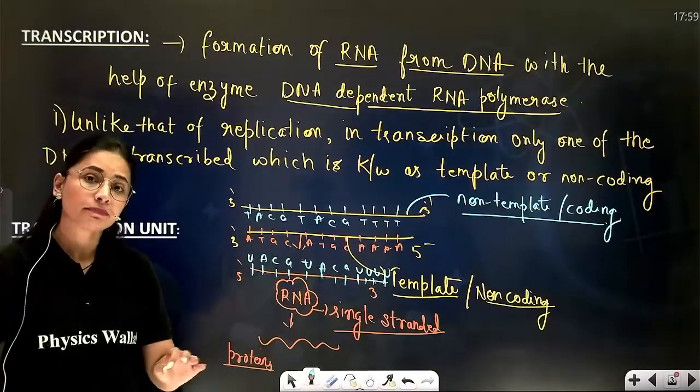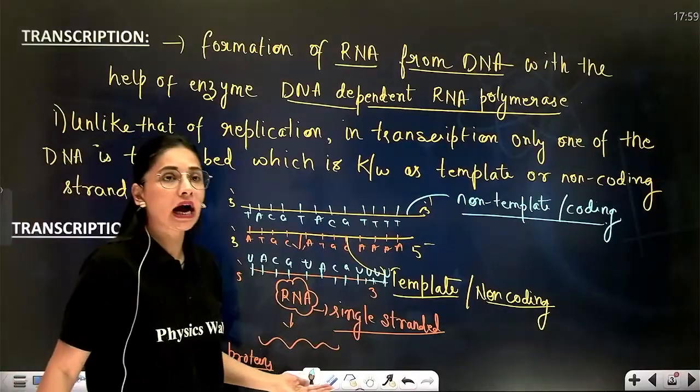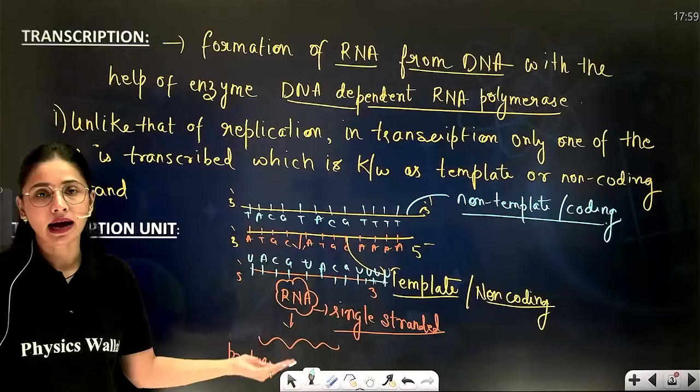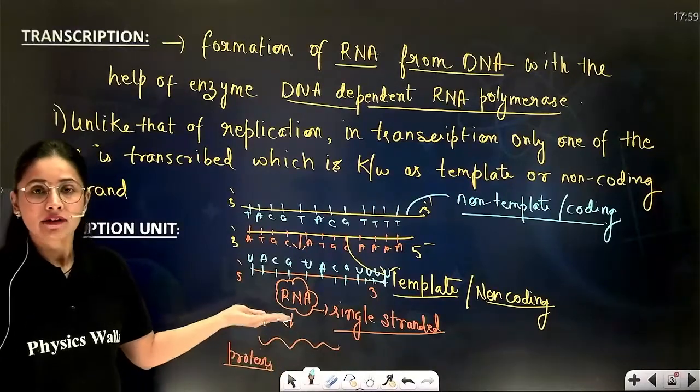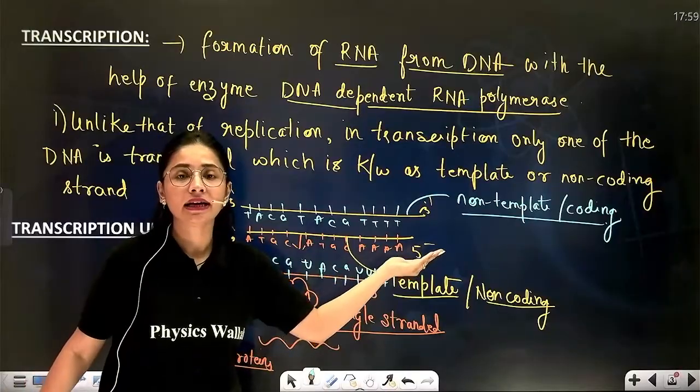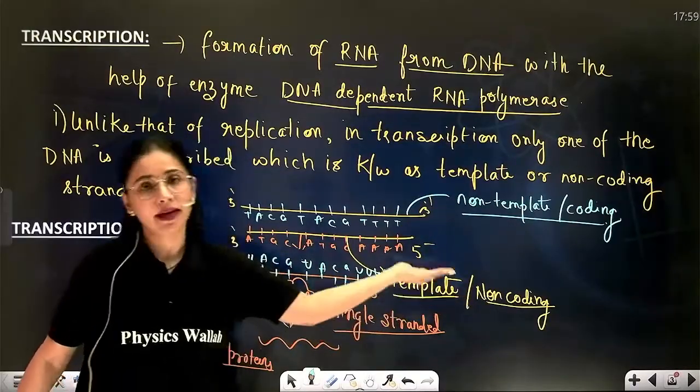Now beta, it means that whatever protein RNA is going to synthesize will actually be the proteins of the nucleotide arranged on non-template strand.